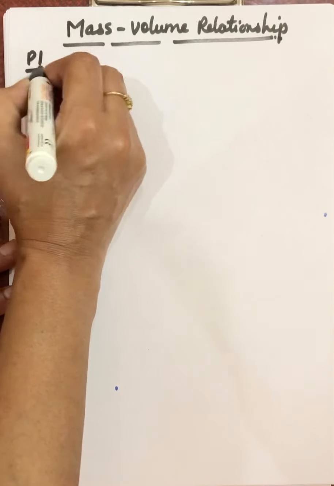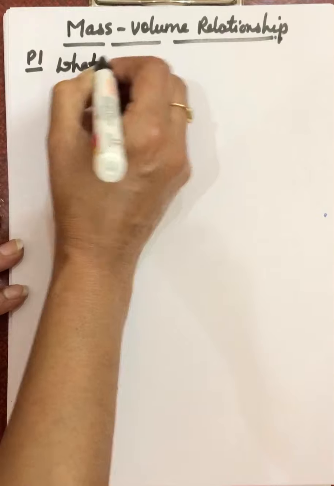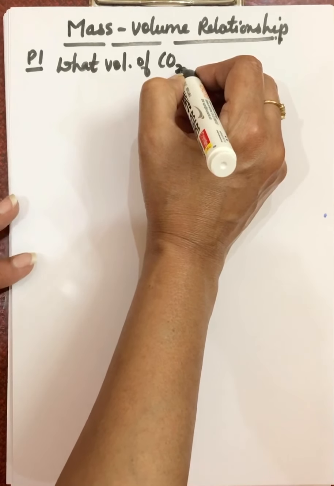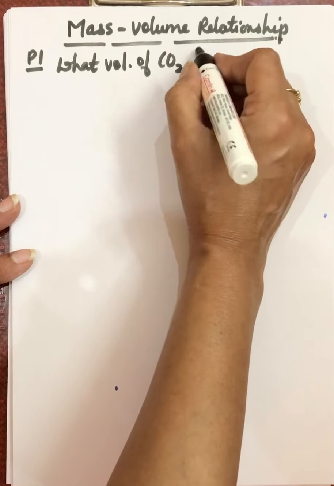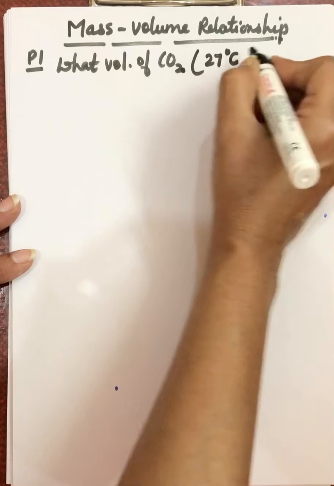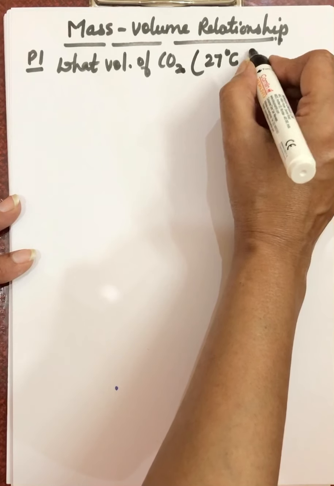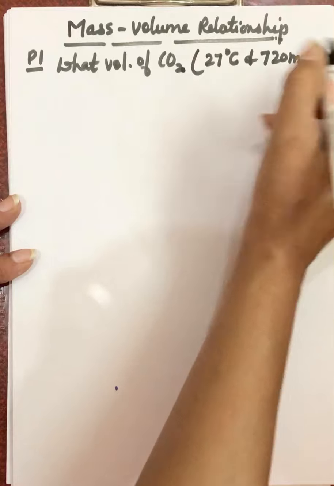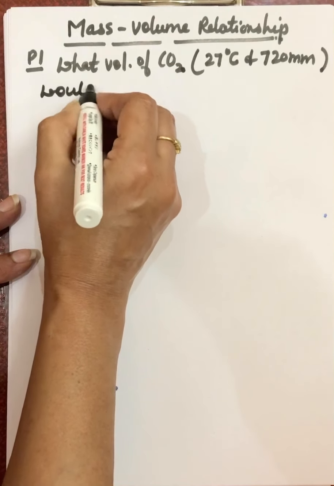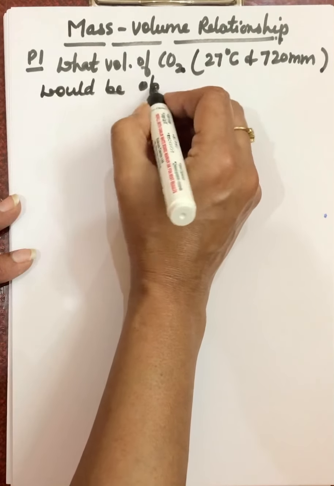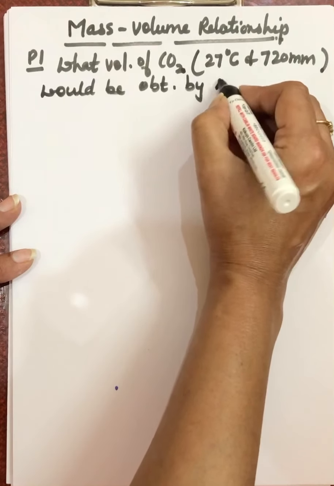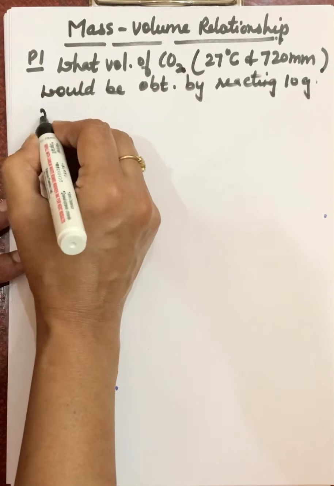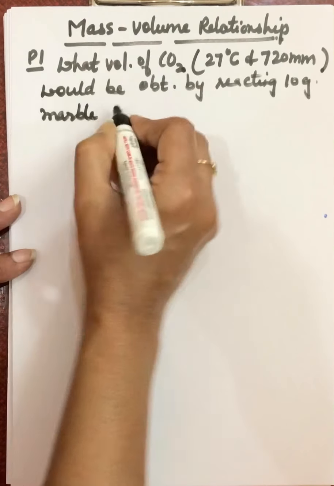The first question in this is: what volume of carbon dioxide, measured at 27 degrees Celsius and 720 mm pressure, would be obtained by reacting 10 gram pure marble with dilute HCl.